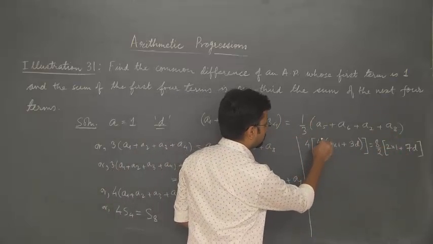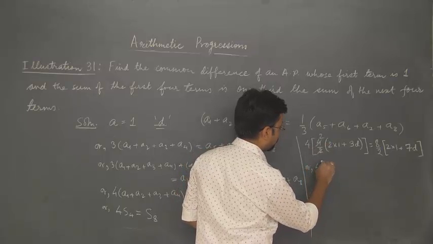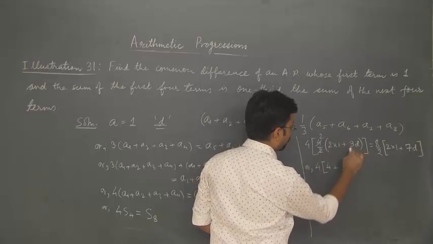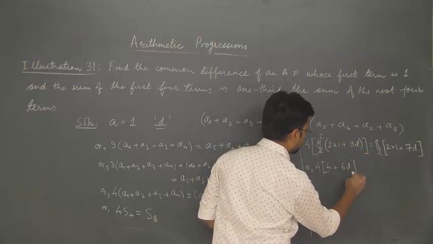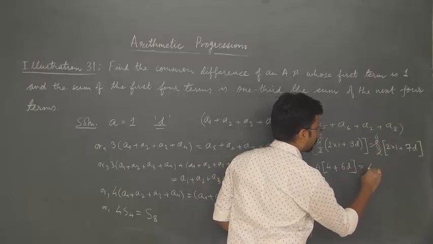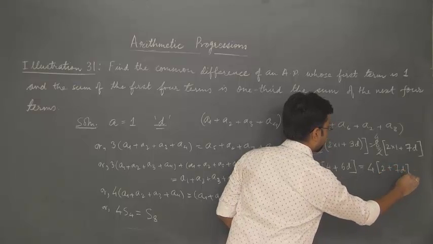Now we can simplify it and get the value of D. So we have 2 into 2 is 4 plus 2 into 3D is 6D is equal to, we cancel this out, you get 4, 2 plus 7D.